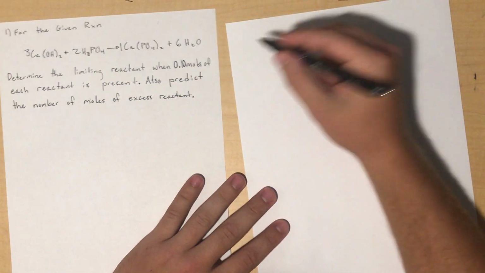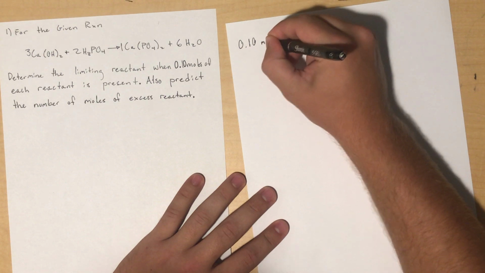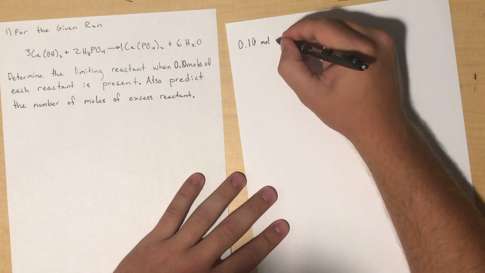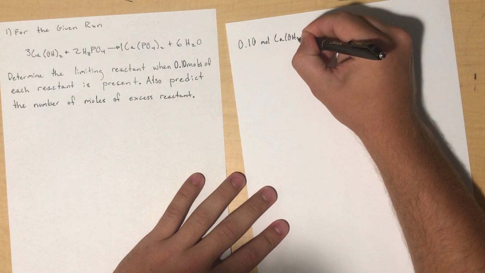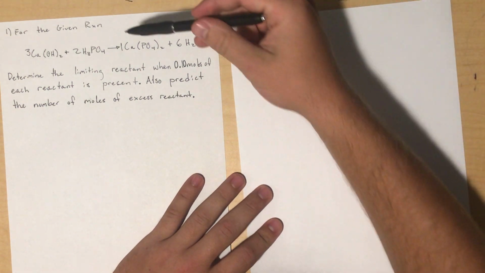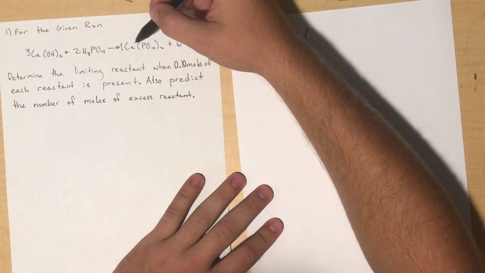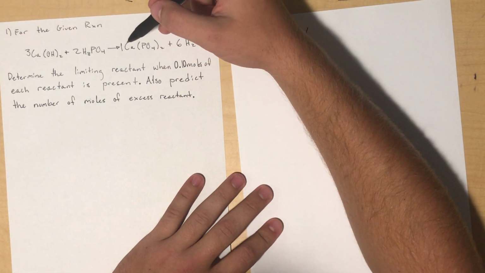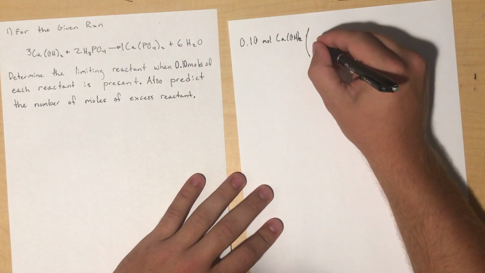So for that reactant, we have 0.10 moles of that reactant. And when we look at the coefficients here for that reactant, to make 1 mole of product, it is 3 moles of the reactant.